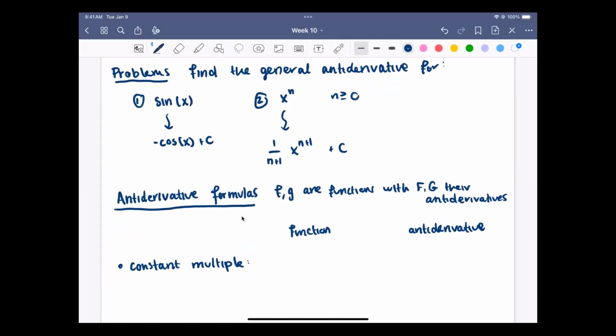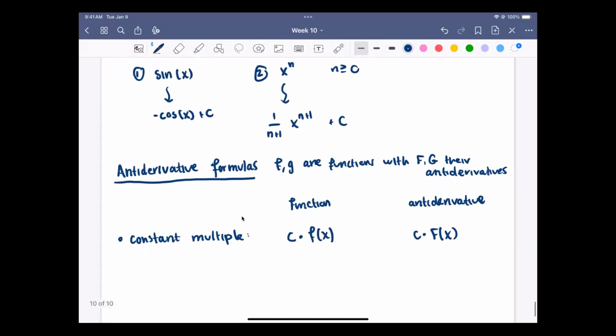Okay, so if I have something like c times f of x, then the antiderivative is just going to be c times capital F of x. And then for the sum, we get a sum rule.